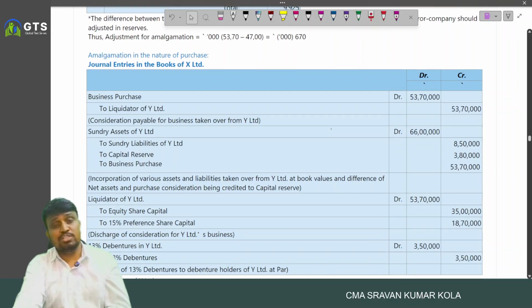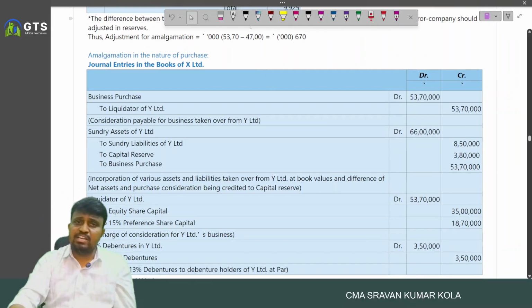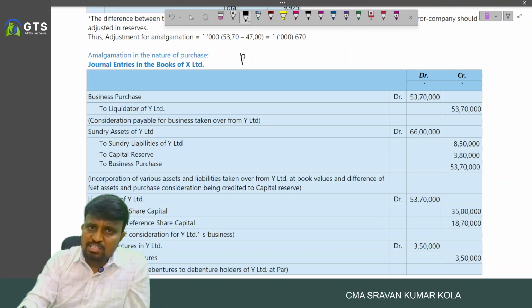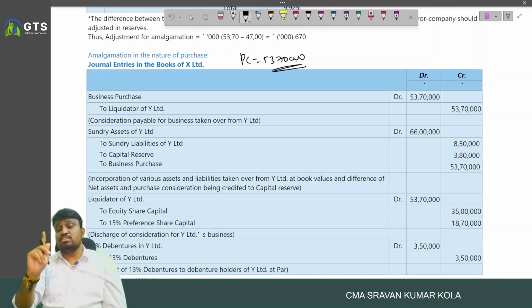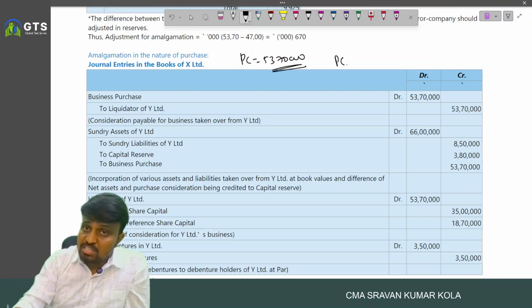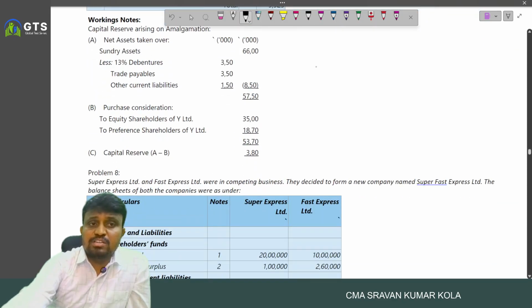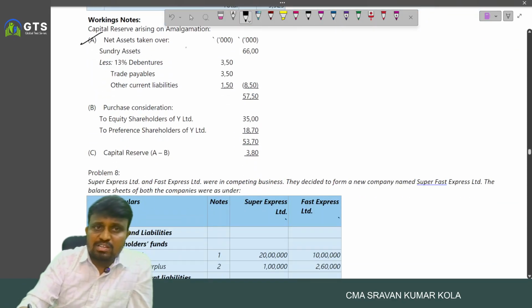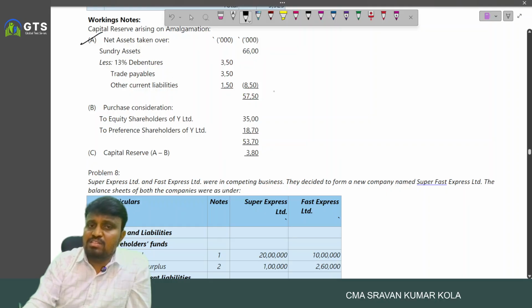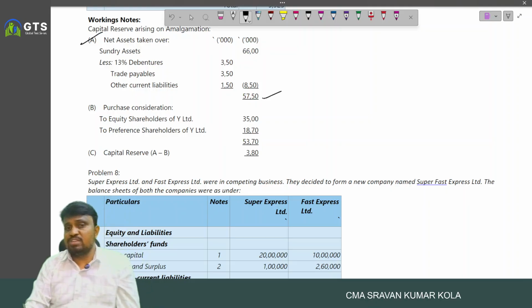But in case of amalgamation in the nature of purchase, PC here is nothing but 53,70,000. In the nature of purchase, PC is compared with what? Net assets. So here is the working, and net assets of Y Limited: sundry assets minus debentures, trade payables, other current liability, how much? 57 lakh 50.